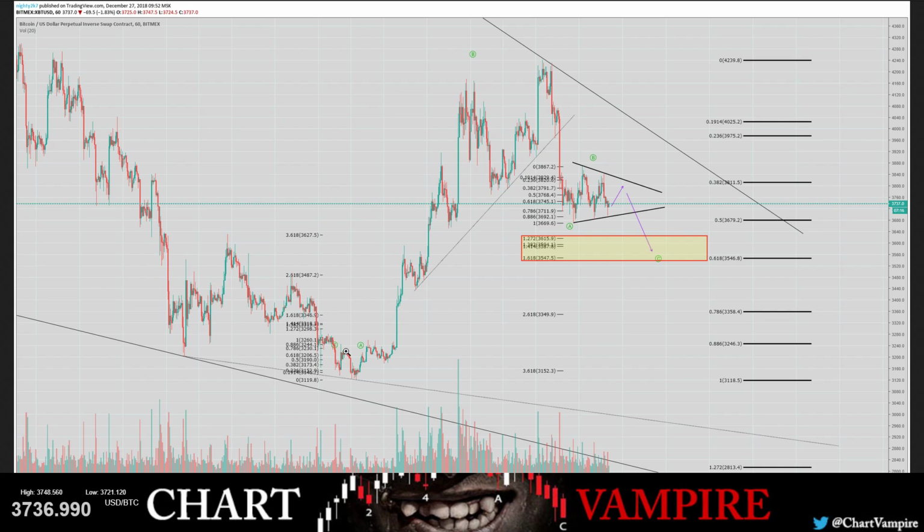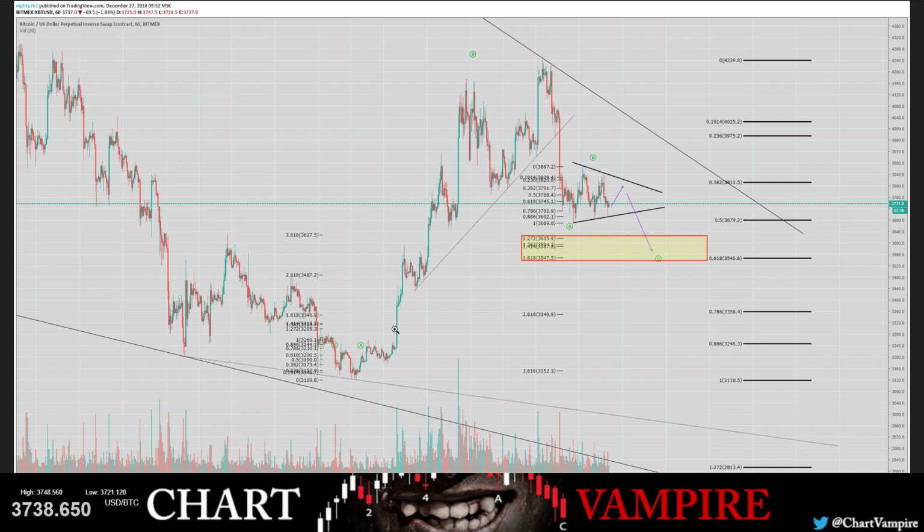No, so this would be A, B, and then this would be your C wave right here. So this would be your A, then B, and then your count goes all the way up. Because this would be C right here, Marco. And this would be an impulsive wave down, wave 1, 2, 3, 4, 5.